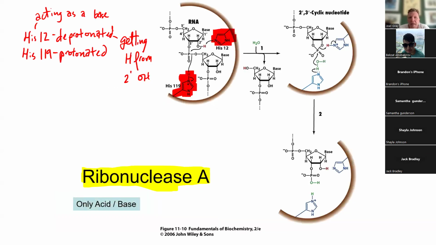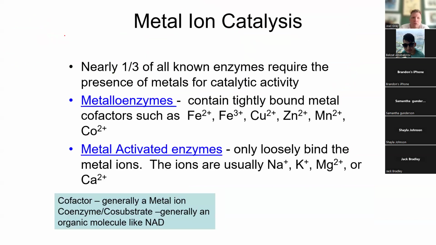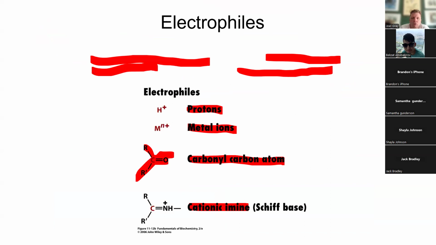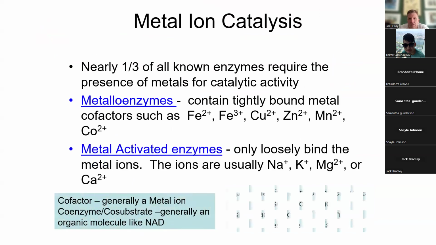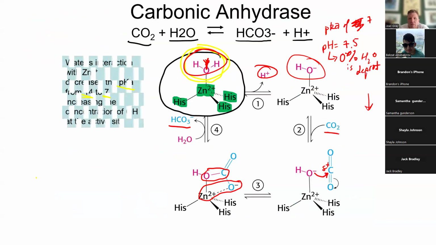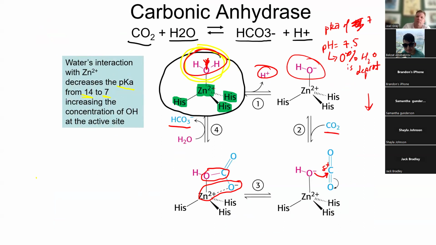So my takeaway from this, and what I want y'all to take away, is that there's an amino acid that is very dynamic and can participate in acid-base, covalent, and metal ion catalysis: histidine, which can act as a nucleophile, histidine, which can stabilize a metal ion for metal ion catalysis.